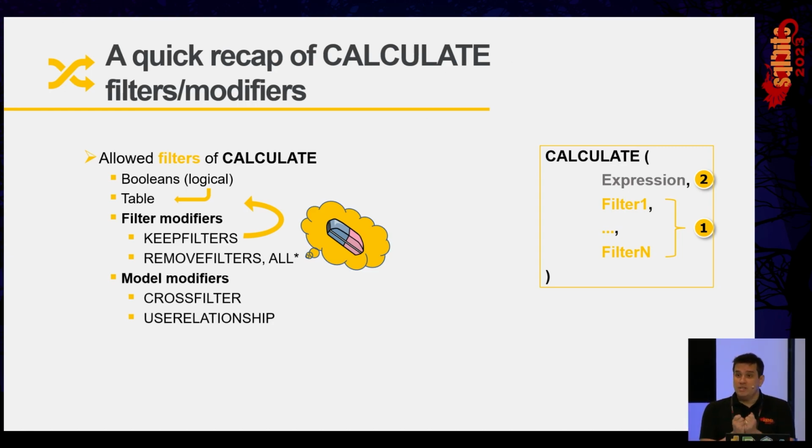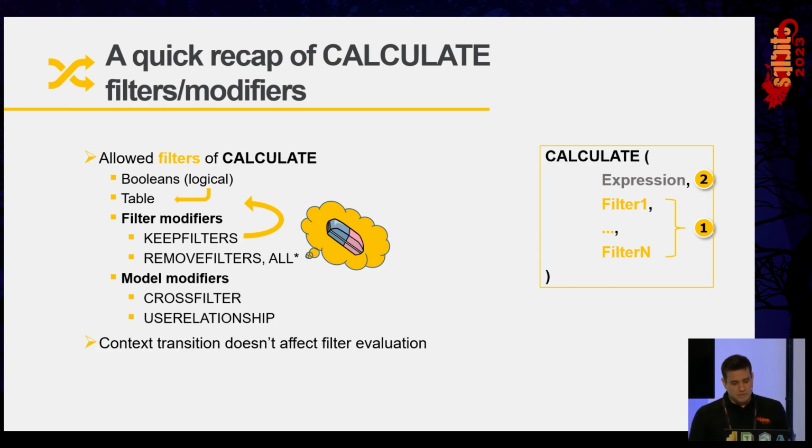That's a really important distinction that I honestly don't see many people talking about. And by the end of this session, I think we're going to be clear why we have to separate the model modifiers from the other ones. And context transition, if existent, doesn't affect filter evaluation at all.